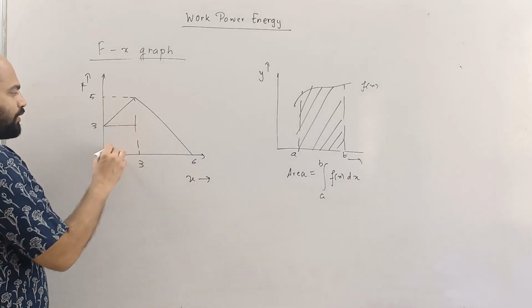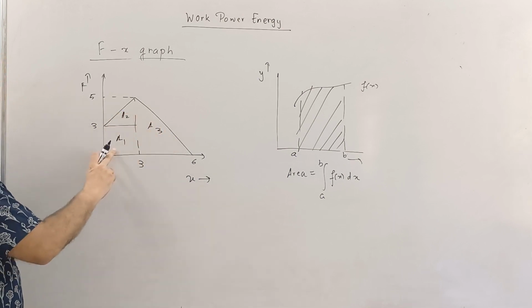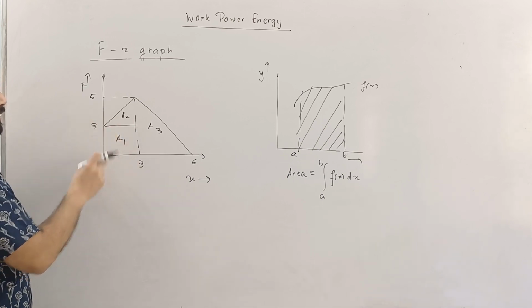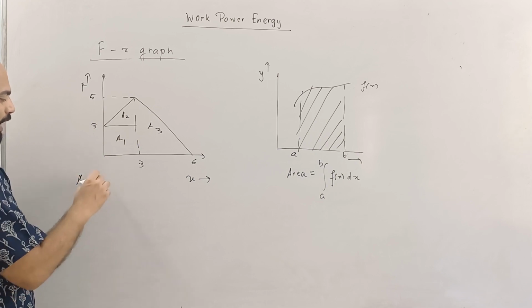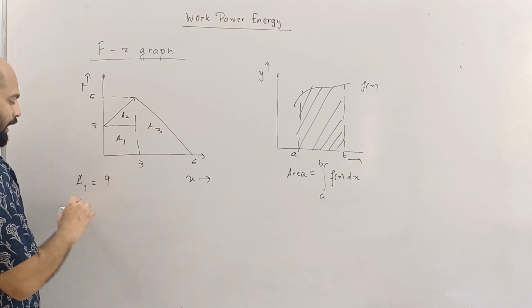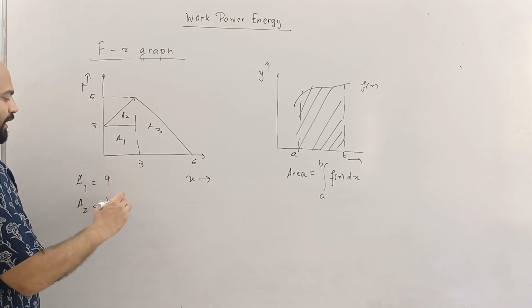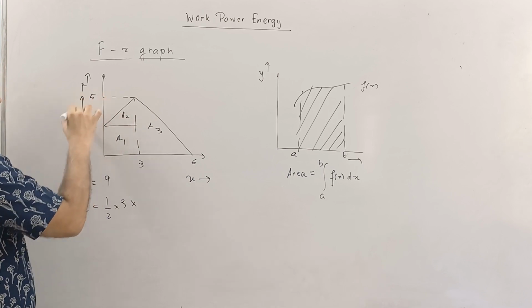So let me break it up into 3 areas now, A1, A2 and A3. We have got a rectangle, sorry, in this case it's a square, because this is 3, this is 3. So area A1 comes as 3 into 3, 9. Area A2 would be half into base, the base is 3, into height, the height is 5 minus 3, this is 2.